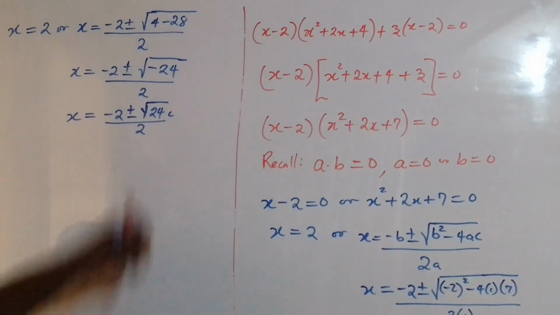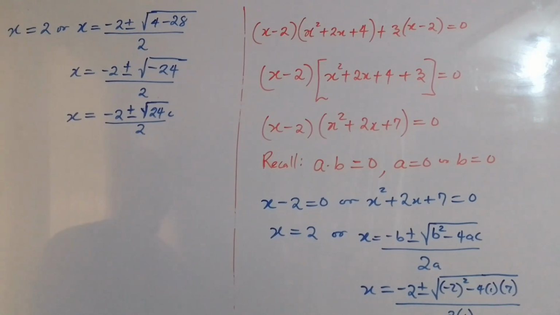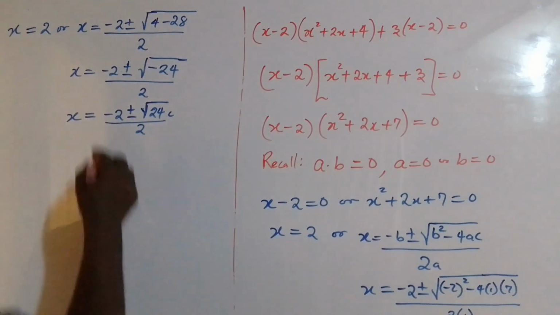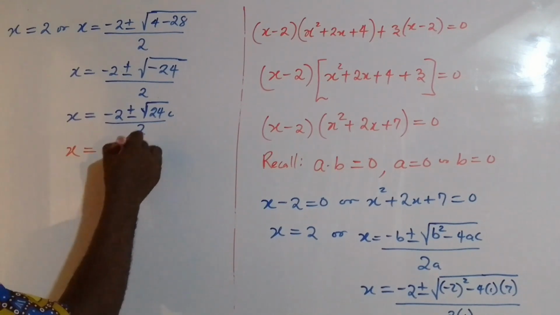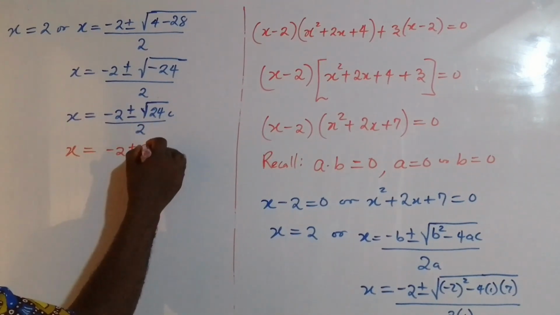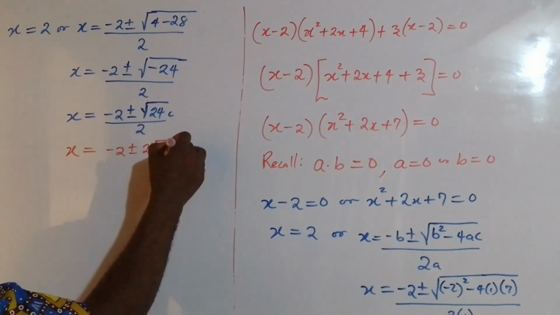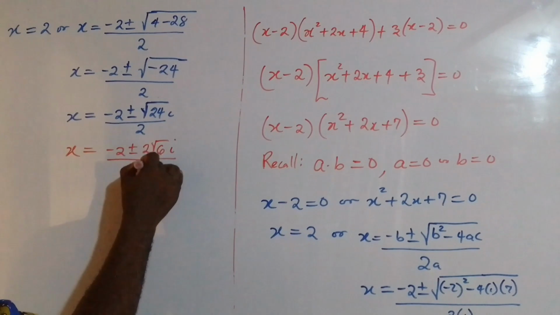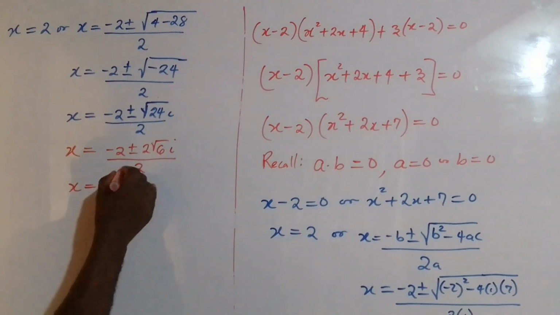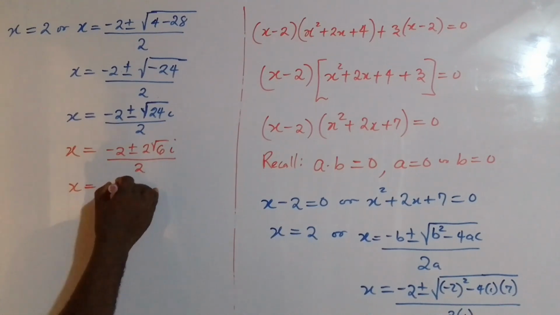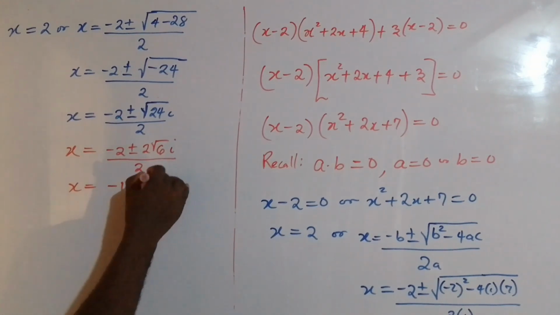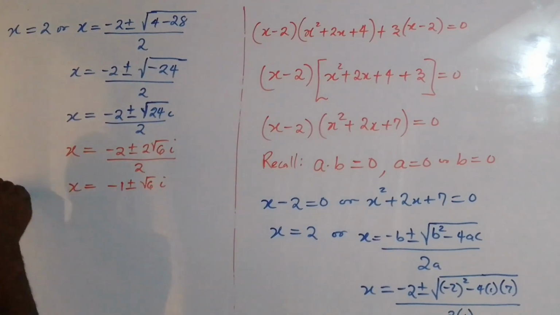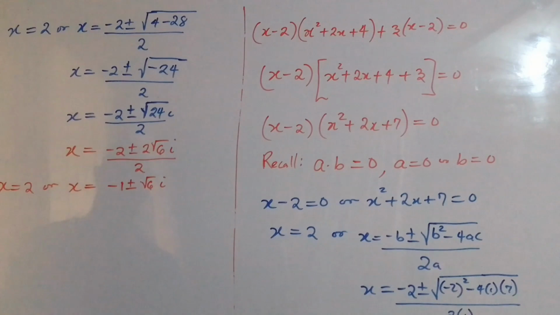I think we can further do something here. I can say 4 times 6, that will be 2 root 6. So this will be x equal to minus 2 plus or minus 2 root 6i all over 2. So if I divide by 2, I'm going to have minus 1 plus or minus root 6i. So that means x equal to 2 or this.